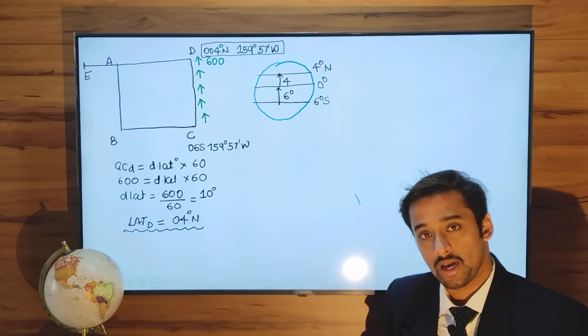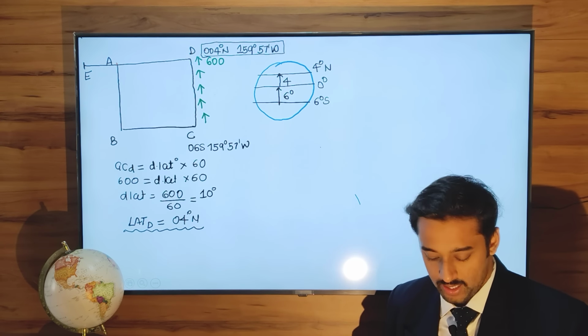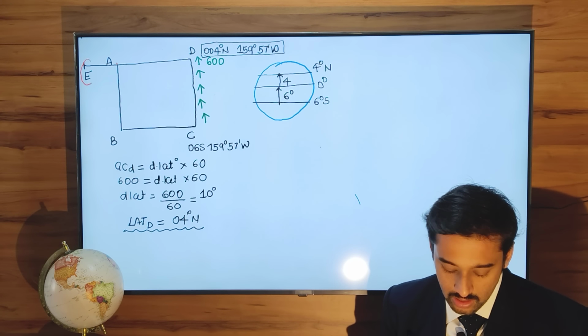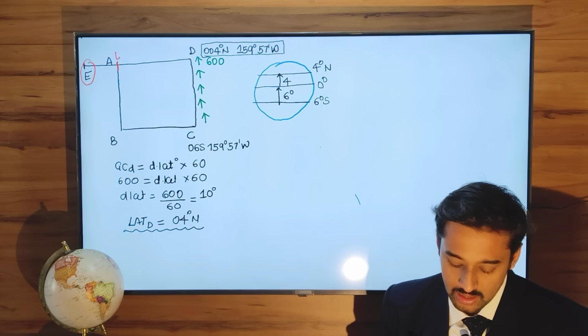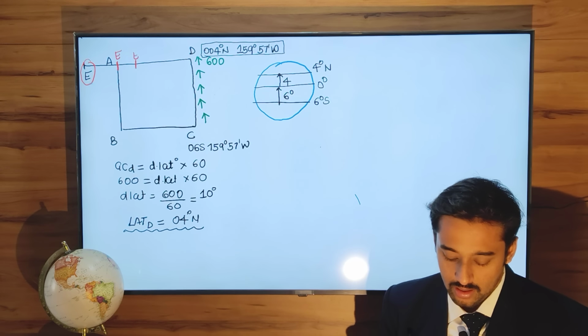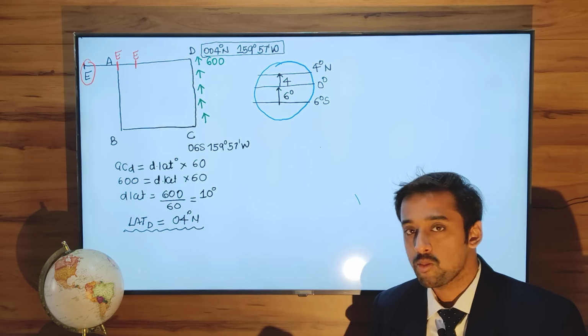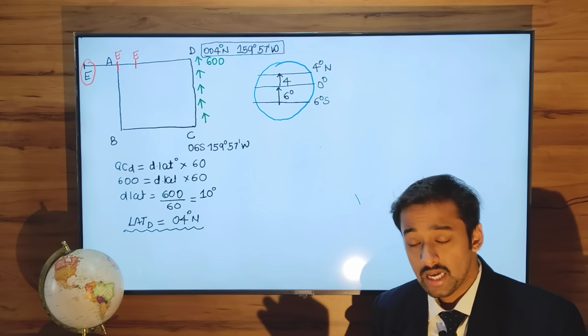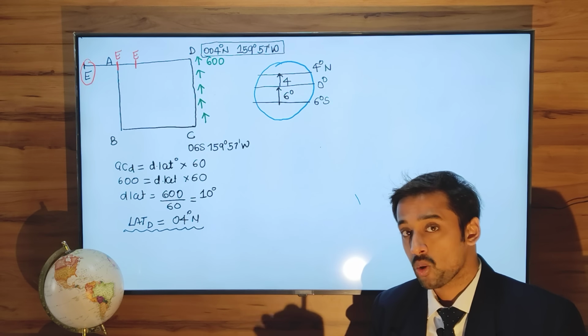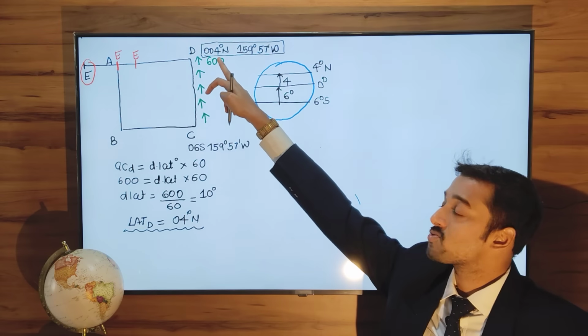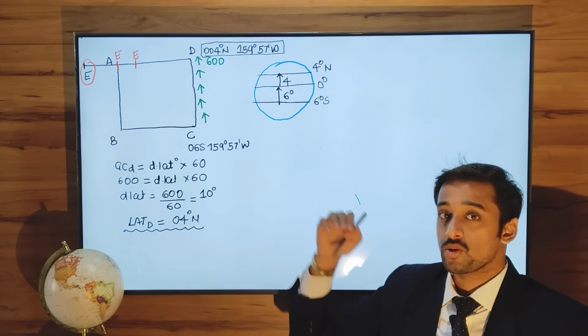We will solve this over here, and let's check whether E is going to be here, or here, or before A. There can be any of three possibilities in this particular sum, because in this sum we have been given 6 degrees south and this is 4 degrees north.